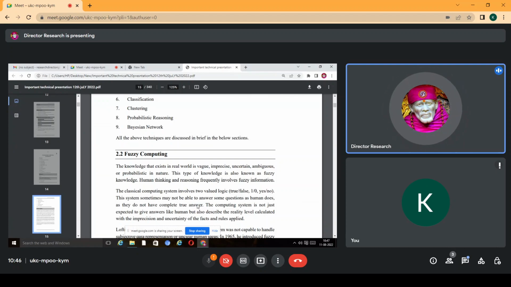Human thinking and reasoning frequently involves fuzzy information. The classical computing system uses two-value logic, true or false. The system sometimes may not be able to answer some questions as a human does.